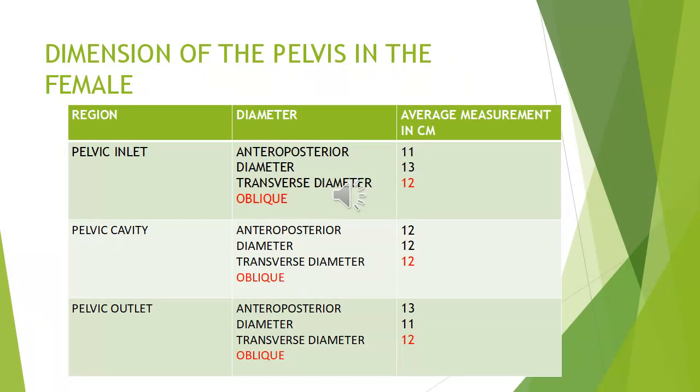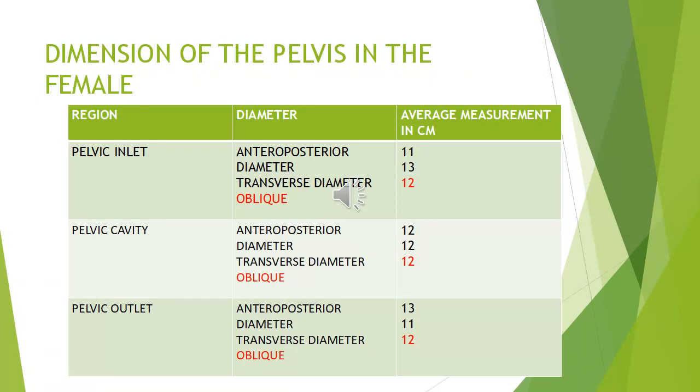Measuring that is the transverse diameter. Then there is the oblique diameter. Oblique is from the midpoint of the sacrotuberous ligament on one side to the junction of the ischiopubic rami on the other side. So the anteroposterior diameter is 13, the transverse diameter is 11 and the oblique diameter is 12.